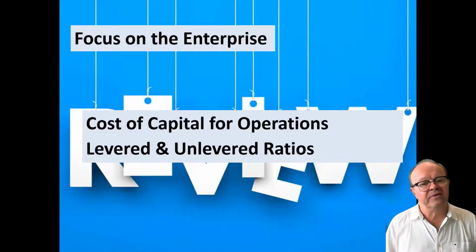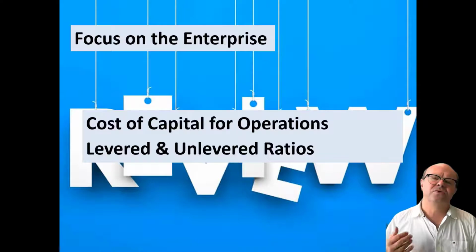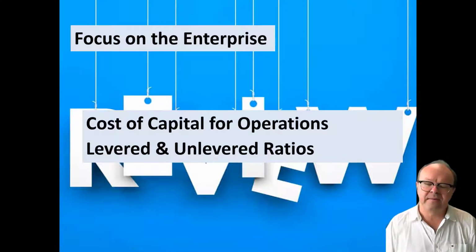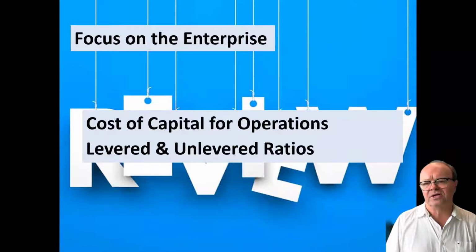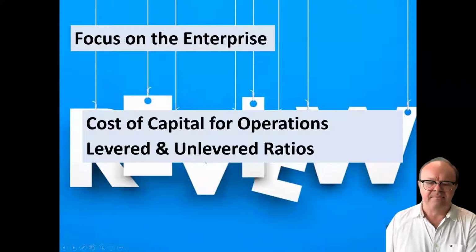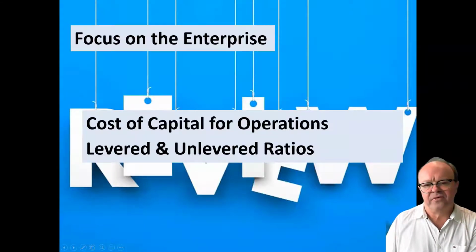And then we had a look at levered and unlevered ratios. We saw that a lot of the ratios that are shown in the financial media are often levered ratios, and those do change and are affected by the amount of gearing or debt in the business. And we also saw unlevered ratios, which are not affected by the financial operations of the firm.